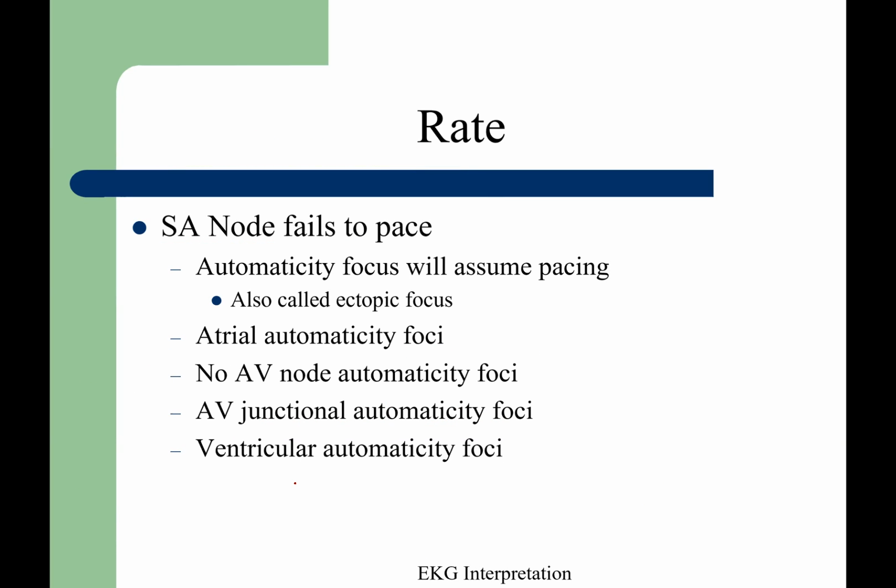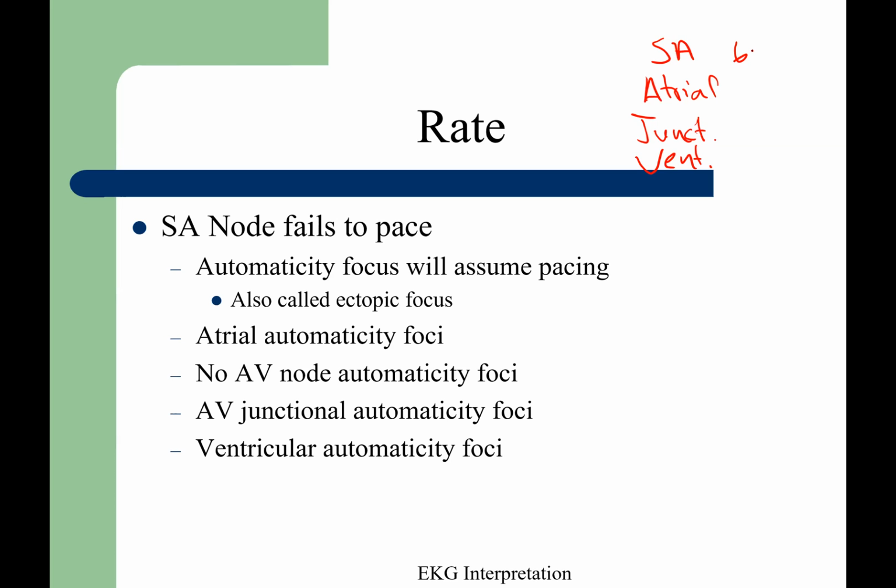So just to go back to what we were talking about earlier, where we have our SA node, our atrial cells, our junctional cells, and our ventricular cells, we must familiarize ourselves with the rates at which they pace within their given areas.